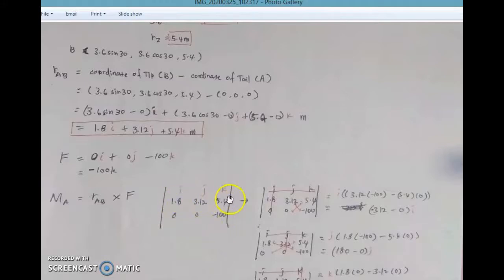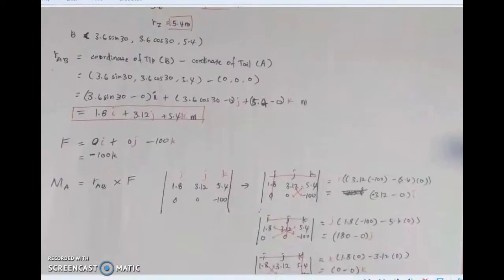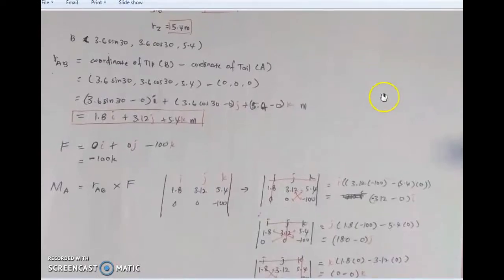The first line is the vector for R and the second line is the vector for F, and then do this step. Please do this on your own and find the answer. To find the I component, eliminate this line, and then do the cross multiplication and subtract between the multiplications.